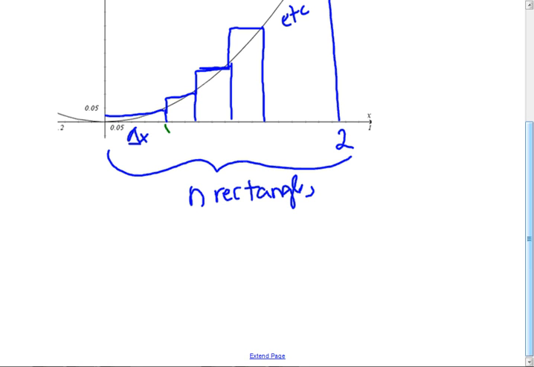This is the first one. Then this is the second one. This is the third. And then there's a whole bunch in between. Infinite number of rectangles in between x3 and 2. So I'm going to talk about a rectangle out here, and I want it to represent anything between 0 and 2. And I'm going to call that x sub i. And then this is x sub n.